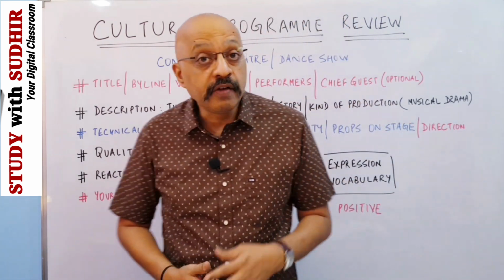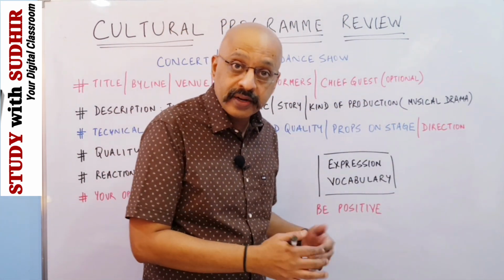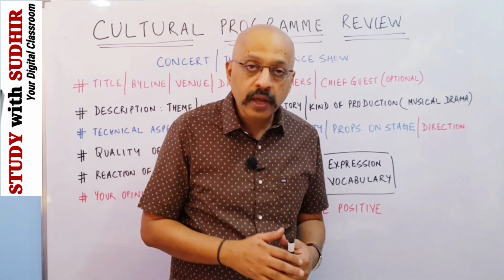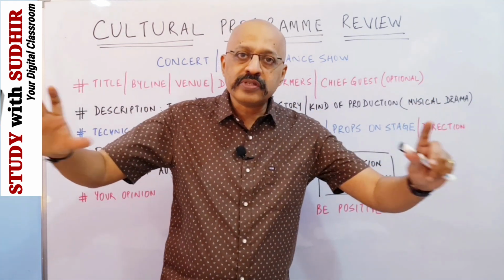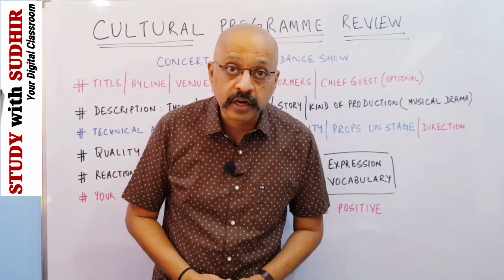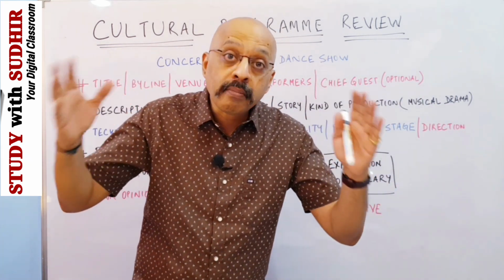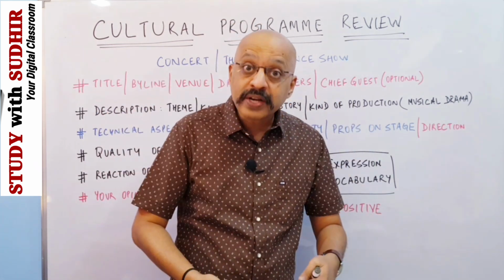Then if it is a play, you need to mention what kind of a story it is. And when I say story, you're not expected to give out all the details. You're just expected, in about 2 sentences, to mention what kind of suspense thriller it was, what kind of romantic story it was, where it was set, whether it was set in 2020.